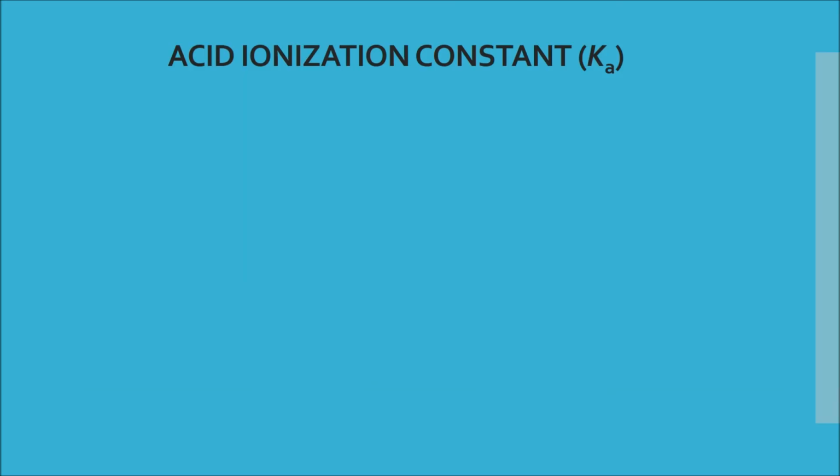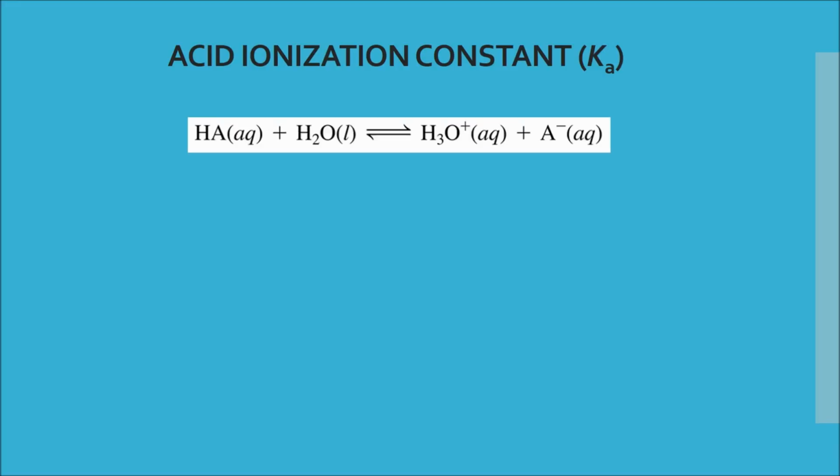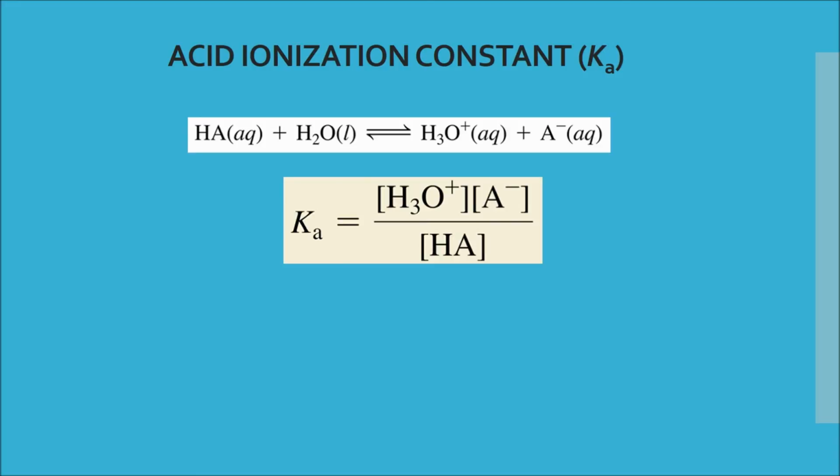The strength of an acid is measured by the acid ionization constant, or Ka, and Ka in a generic acid-base reaction is defined by the concentration of the products over the concentration of the reactant.